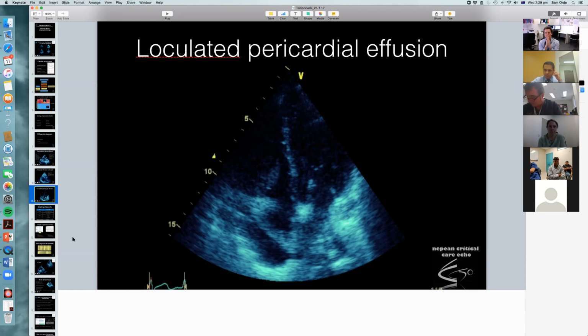So it's an exaggeration of the normal physiological response. It's called pulsus paradoxus, but it's not paradoxical. It's just an exaggeration of the usual. The negative intrapleural pressure causes an increase in RV inflow, whereas that results in a decrease of LV inflow.